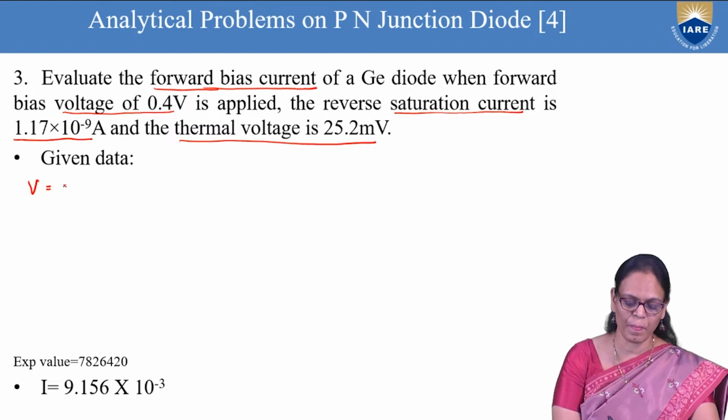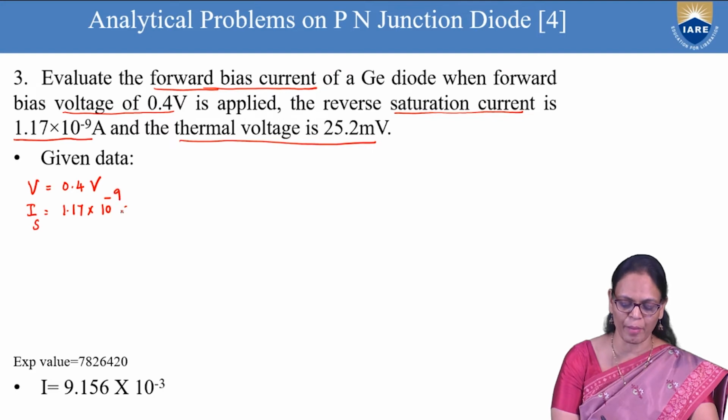V is given, 0.4 volt. Saturation current is given, 1.17 into 10 power minus 9 ampere, and the thermal voltage is given. Vt is equal to 25.2 millivolt.